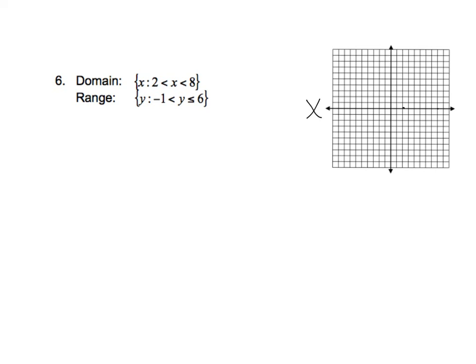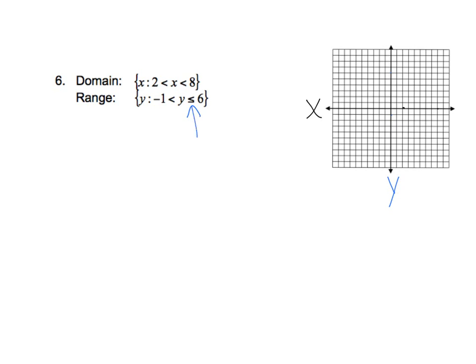I'm just drawing these points down on the actual x-axis so I can see what parameters I'll have. And the y value is -1. So we're looking at our y value, -1 to 6. 1, 2, 3, 4, 6.